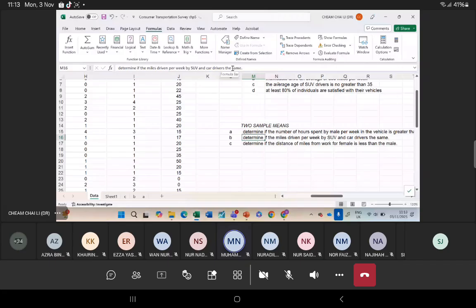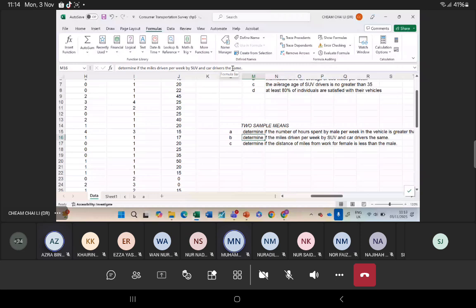Okay, now for the second question, we need the type of the vehicles and the miles driven, right? There are two data that we need. Miles driven, this is the mean. We want to find the mean for miles driven per week, right?